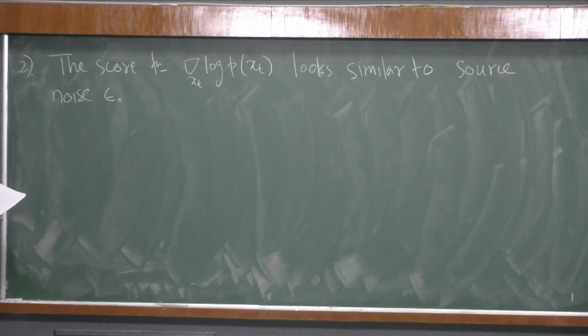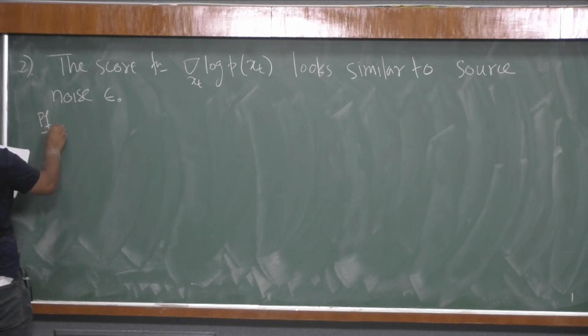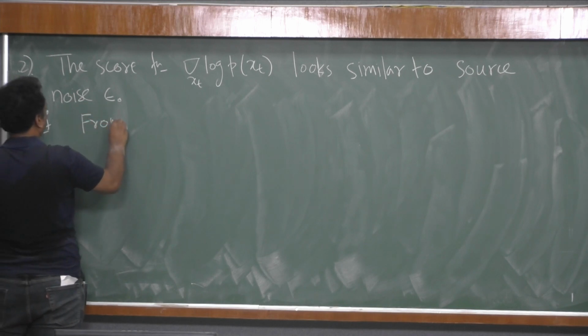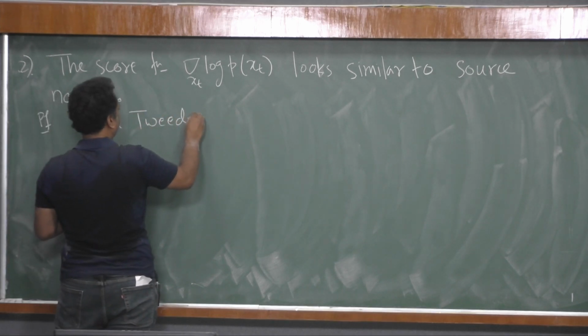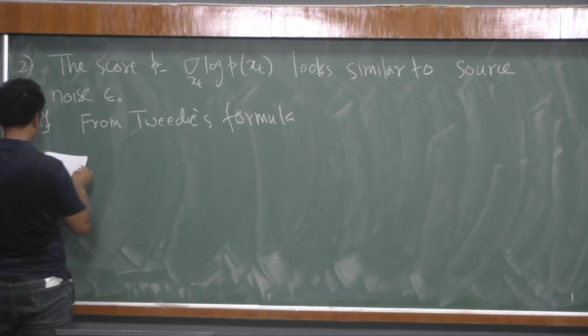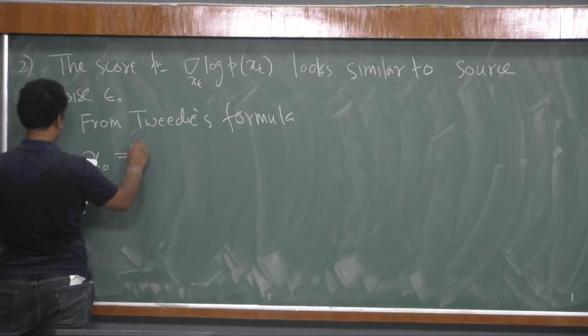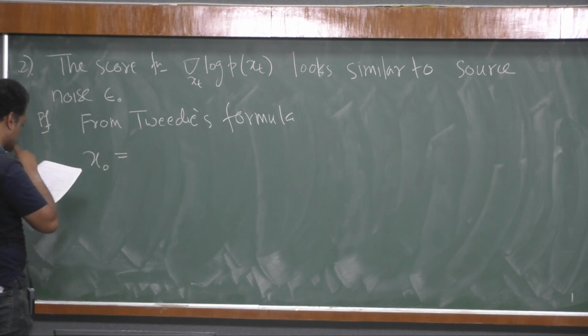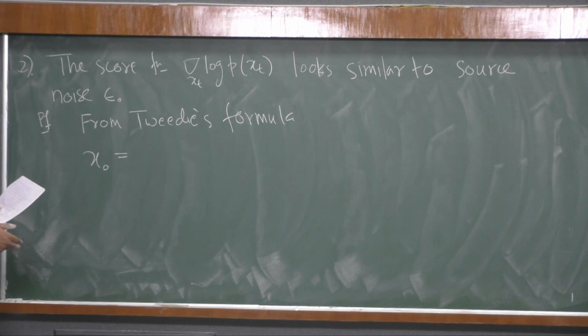In case you are not able to see this, we will try to derive it. So we can prove this from this formula. Basically, what we are trying to do is match Tweedie's formula with the reparameterization trick. In the reparameterization trick we had the epsilon naught term, so let me quickly verify that.